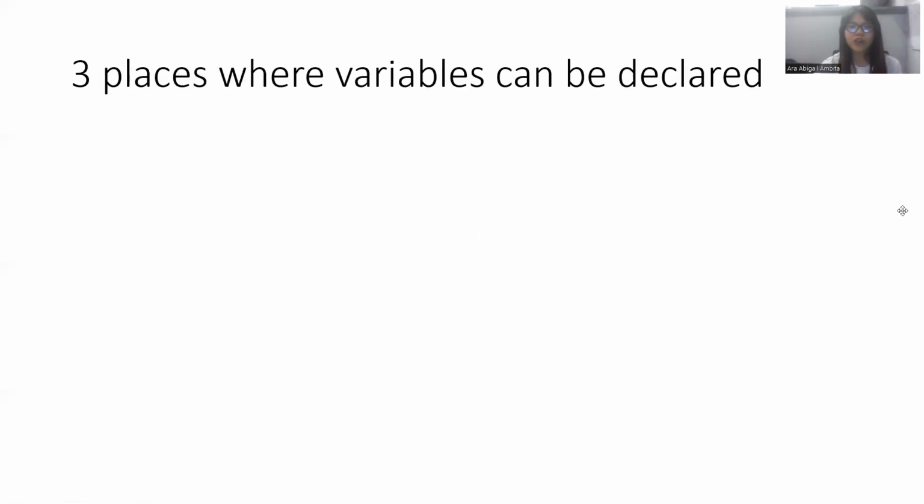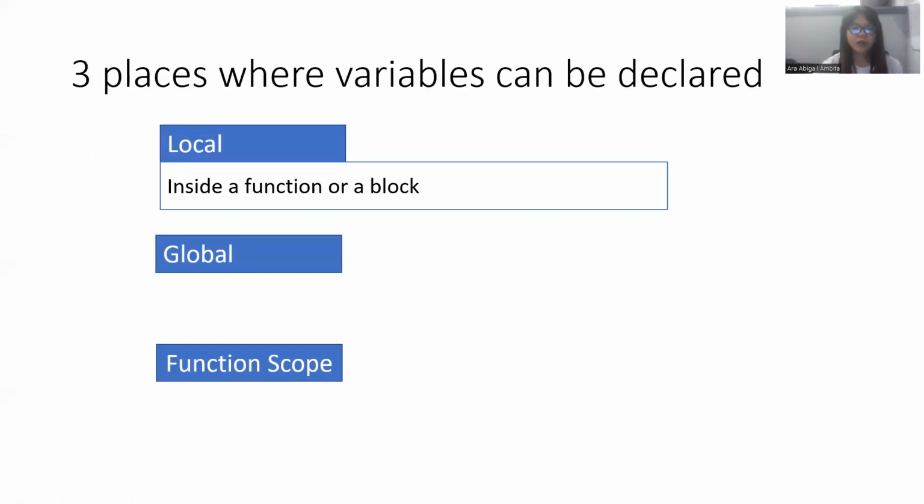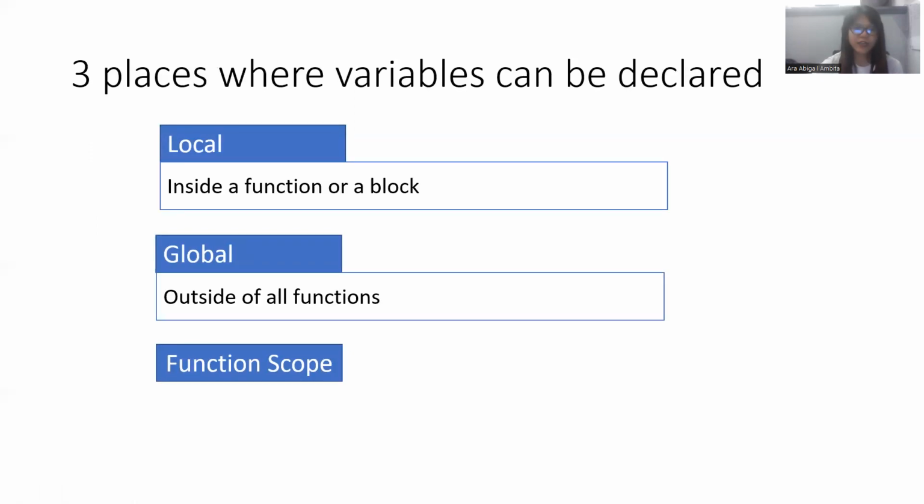There are three places where variables can be declared. It could be local, global, or in a function scope. We have already discussed a bit about the difference between local and global. Local variables are those that have been declared inside a function or a block.